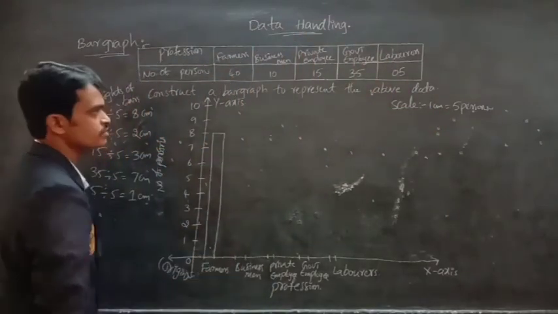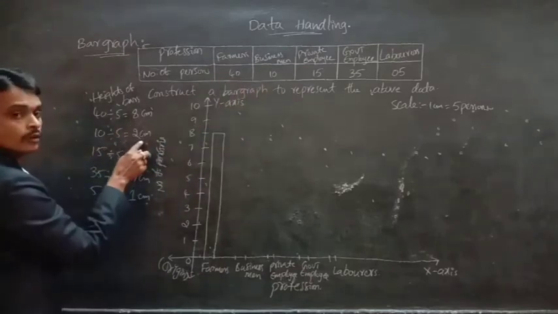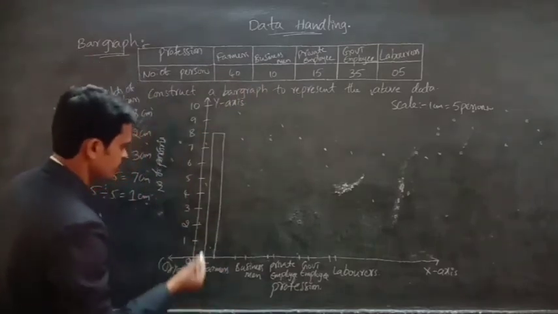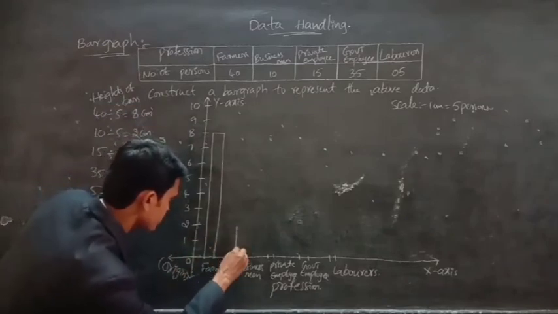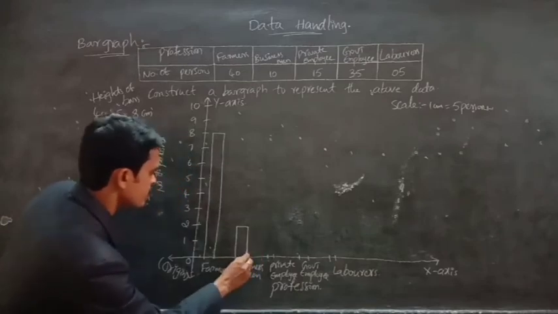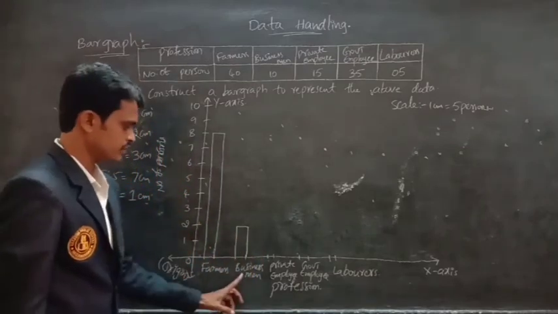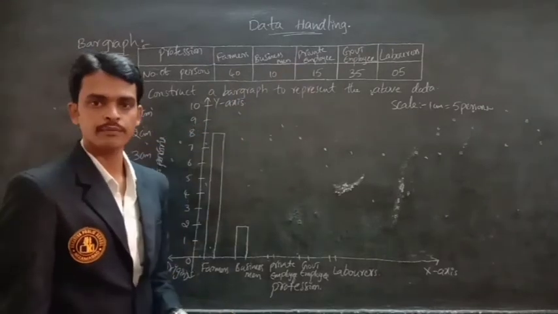Next, businessmen, 10. Then how many centimeters? 2 centimeters. So here it is 2 centimeters. Like this, 2 centimeters, businessmen. Next, private employees.